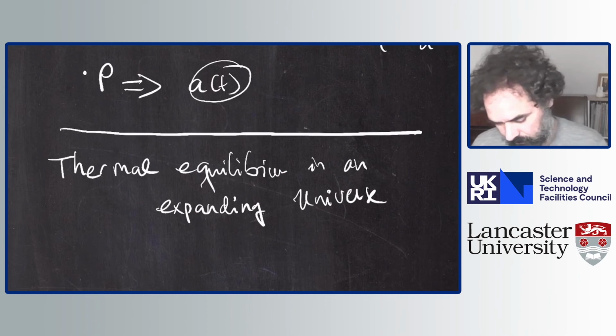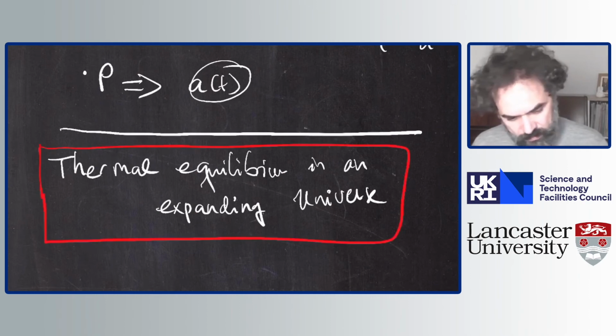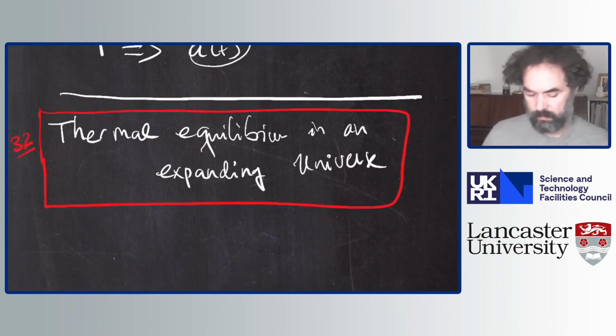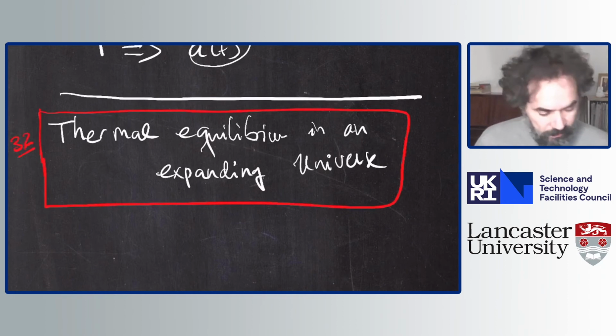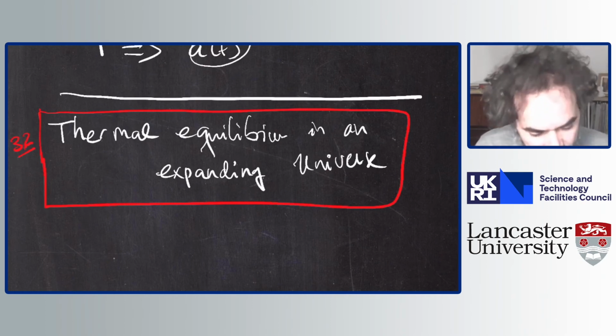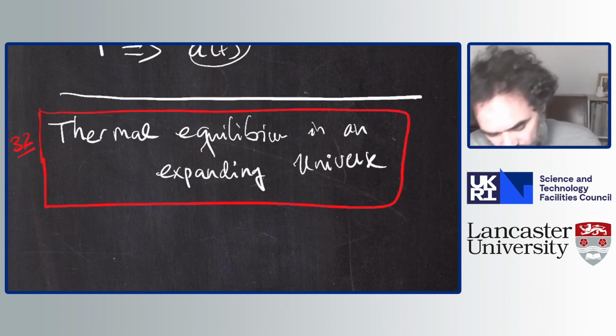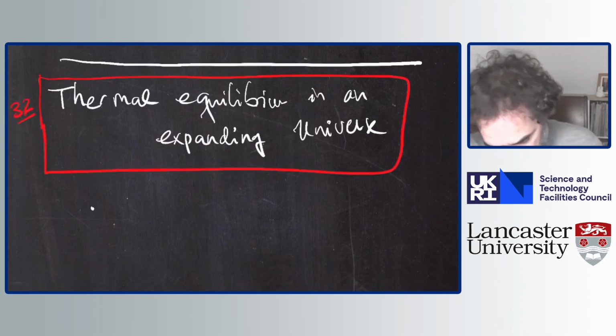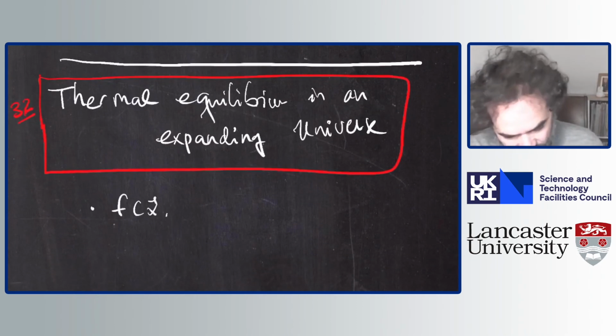It is section 3.2 in the lectures. How does this happen? Well, we're going to do some kinetics, so it's a fascinating part of physics, and we're going to do some simple stuff. And the first object that we need to introduce is the phase space distribution function.